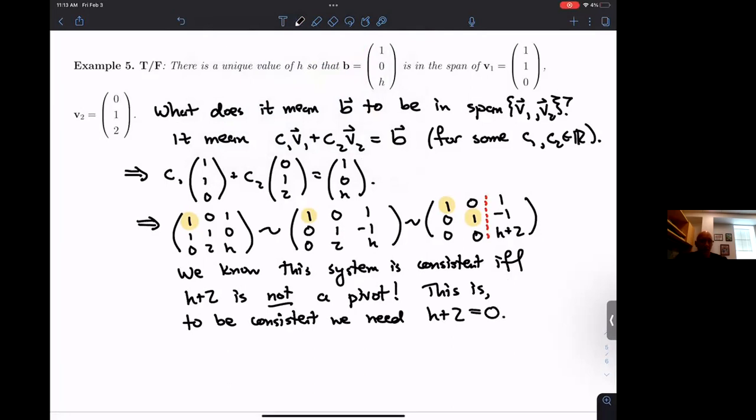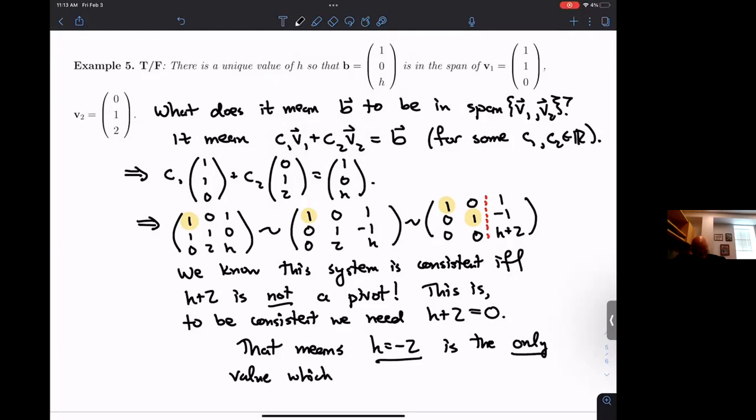If it's anything other than 0, then I have an inconsistent system. If it is 0, then yeah, okay, then I can solve this system of equations. So that means h equals minus 2 is the only value which works.